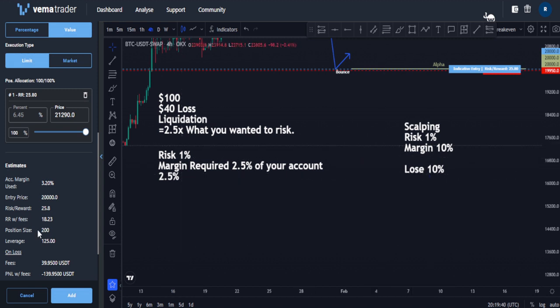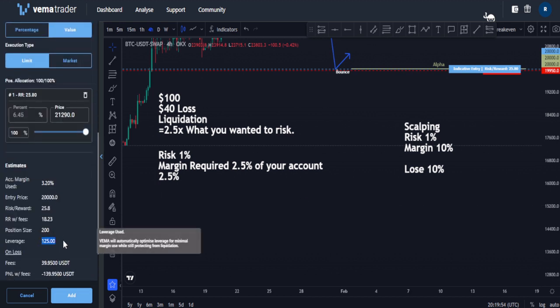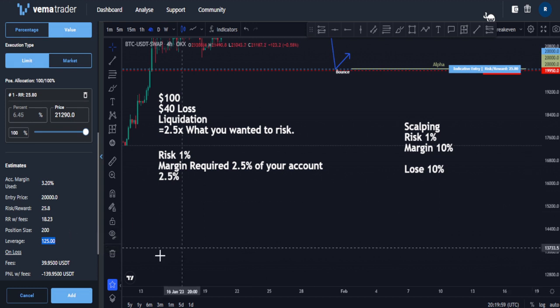When you are scalping and you hit max leverage, you are potentially risking a lot more than what you want to be. When you're trying to risk 1% and your stop loss is based at 1%, the margin required to get you to the position size can start to get quite high, because we cannot increase your leverage, the exchange won't let us, so we just have to tie up more margin to make the right position size.